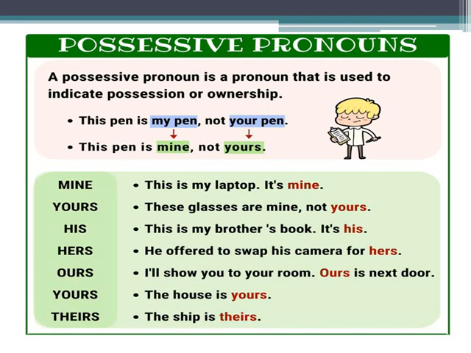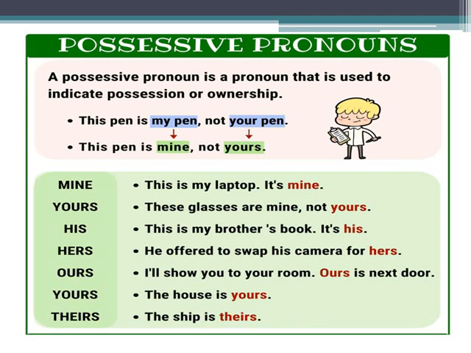Now it would be useful to study possessive pronouns alongside possessive adjectives because the possessives are the same, only their functions are different. Like for possessive adjective my, the possessive pronoun will be mine. Let's take an example. This is my book is a possessive adjective, but this book is mine is a possessive pronoun.